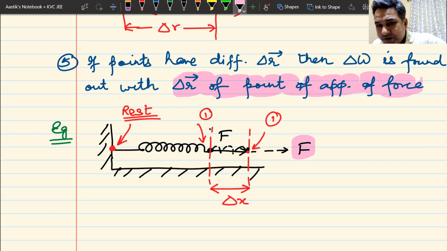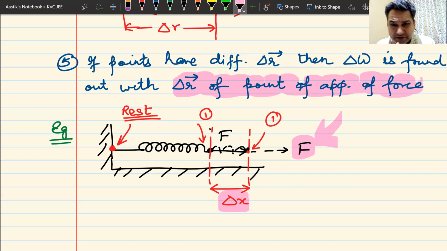How much the point of application of force has moved. And in this case, the point of application of force has moved by a displacement of delta x, and hence delta x would be the displacement that we will have to use to find the work done by this force in this particular case. Do we understand this?